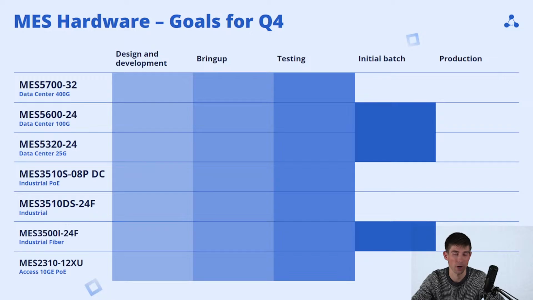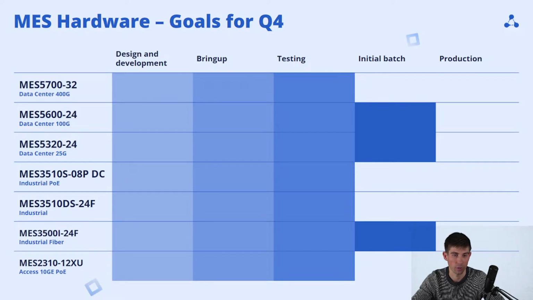These are 400 gig, 100 gig, and 25 gigabit ports accordingly for the super spine, spine, and leaf parts of the system, and all these are either in the testing stage or in the initial batch stage, when we already have first units available for our early testers out there testing this equipment.